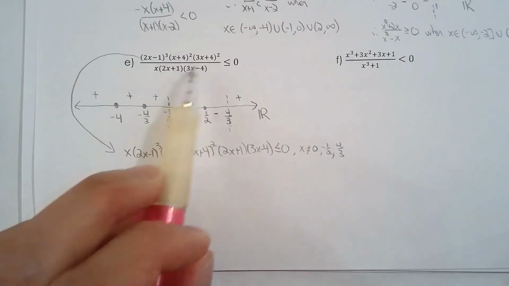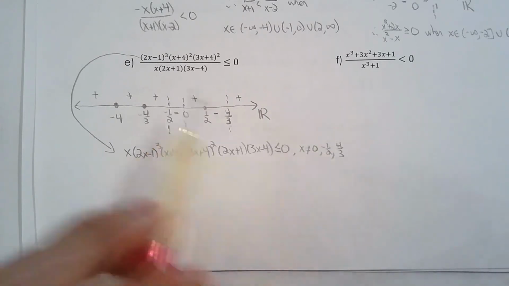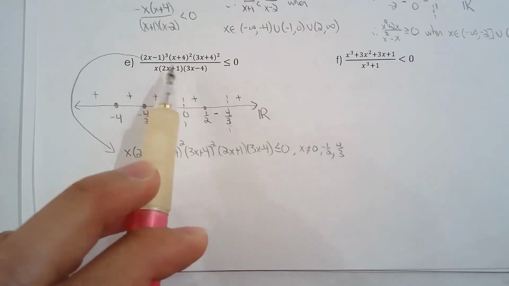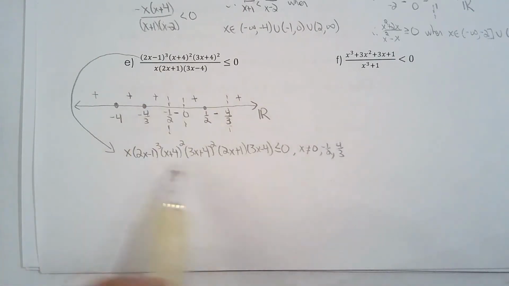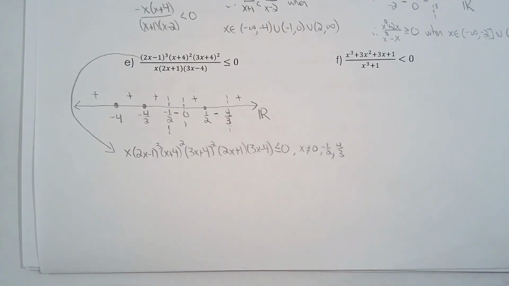Because when this is negative, I assure you this will be negative. So you can convert a rational inequality into a polynomial inequality. But remember to state the restrictions. Because the rational inequality can be undefined. The left side can be undefined. But for polynomial, it won't be. So as long as you state the restrictions, you'll be fine.